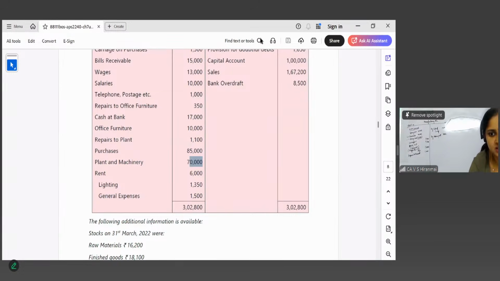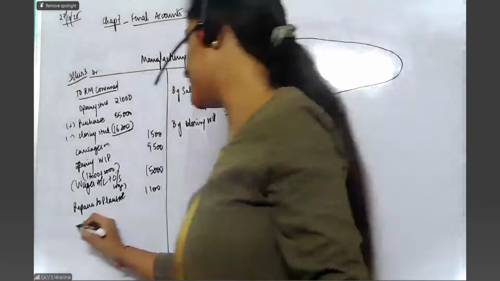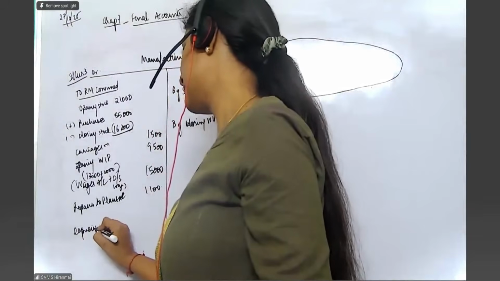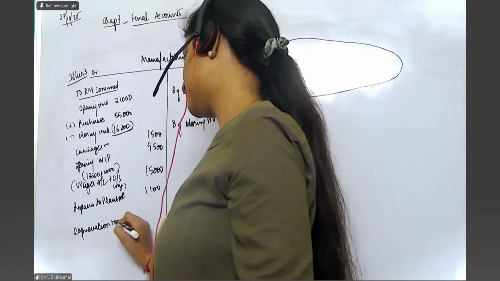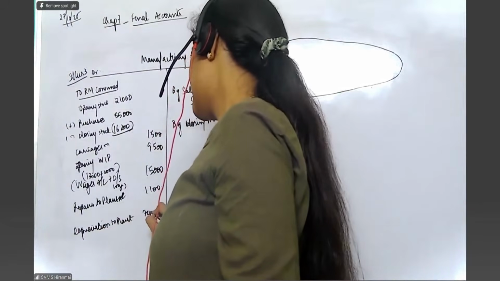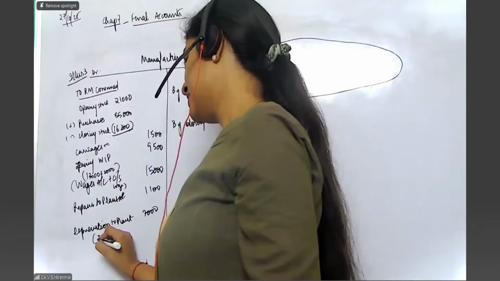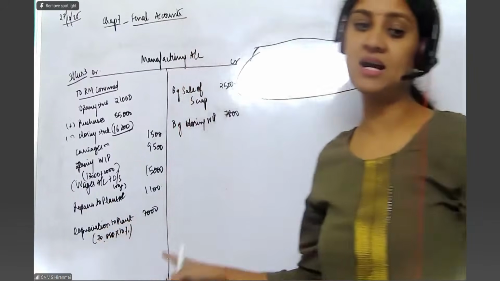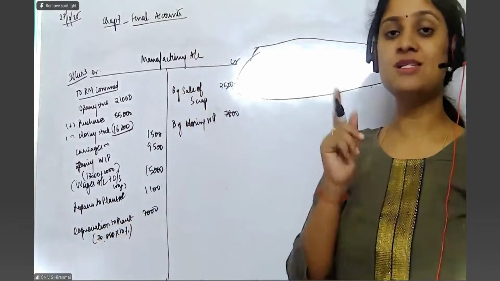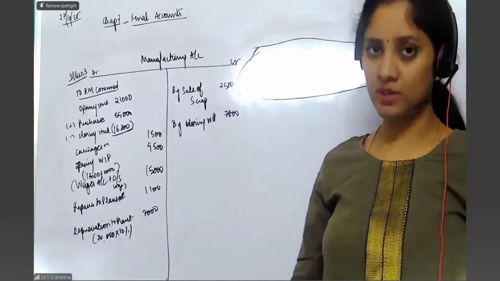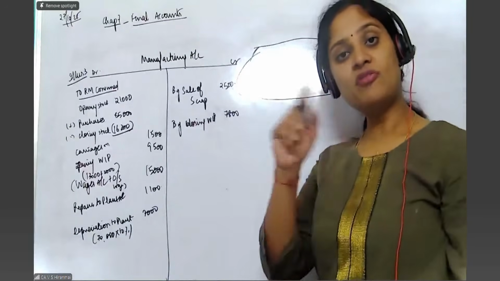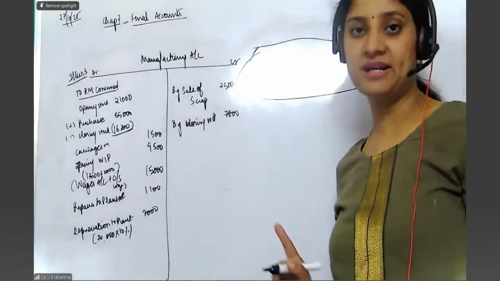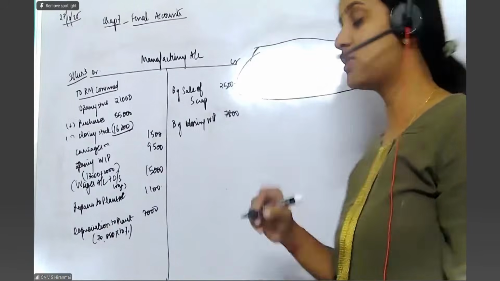No. 70,000 into 10 percent is the depreciation on machinery or the plant. 7,000 will come here. Why, madam, are you taking the plant depreciation here? Because that 10 percent will be coming only here. Okay. Office furniture depreciation will go to P&L account. Provision for doubtful debts will go to P&L account.